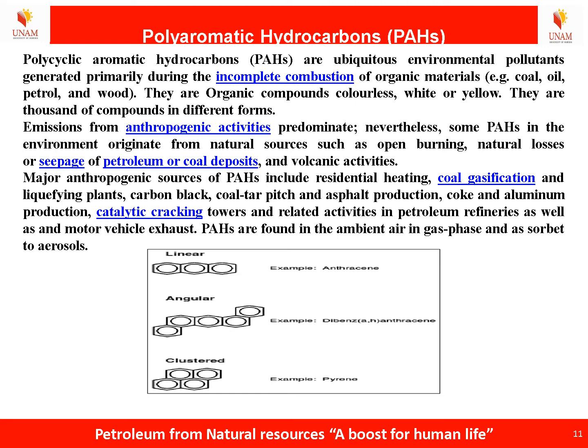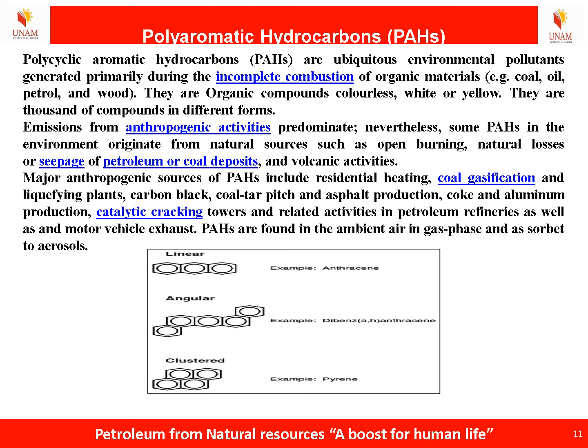So major anthropogenic sources of PAHs include residential heating, coal gasification, liquefying plants, carbon black, coal tar pitch, and asphalt production, coke and aluminum production, even the catalytic cracking towers. That will be related activities in petroleum refineries, and the motor vehicle exhaust.